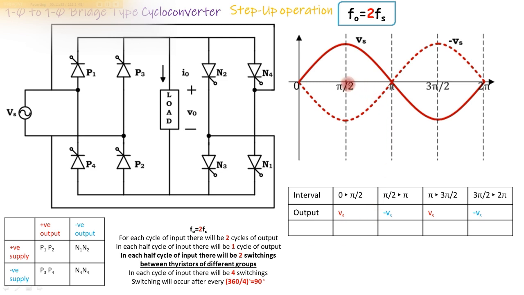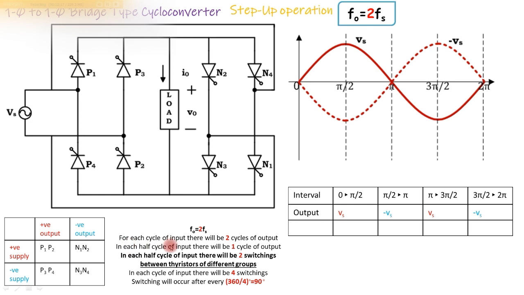Similarly, in the second interval from 90 to 180 degrees, the supply is still positive, but output required is negative. Therefore, thyristors N1 and N2 must be fired.